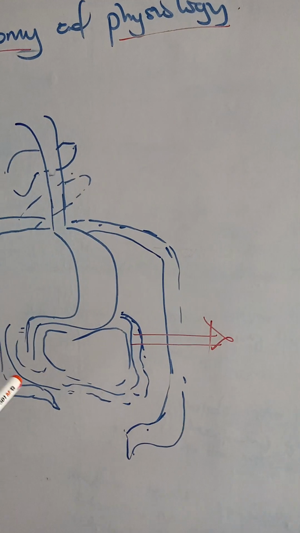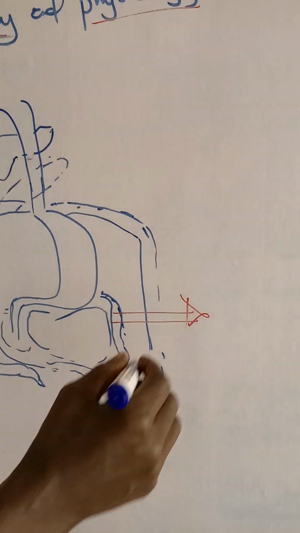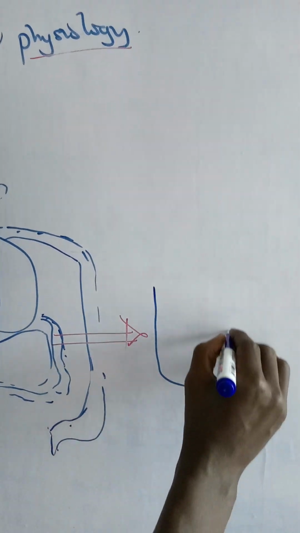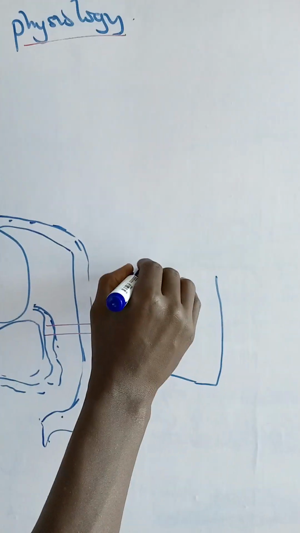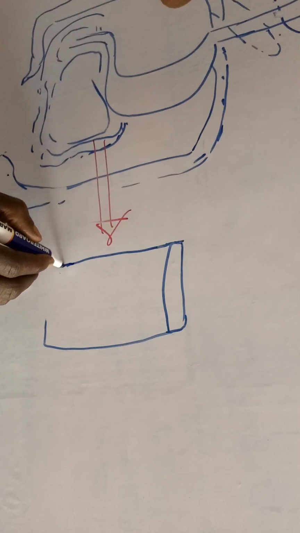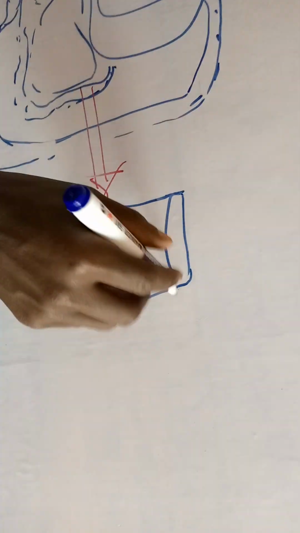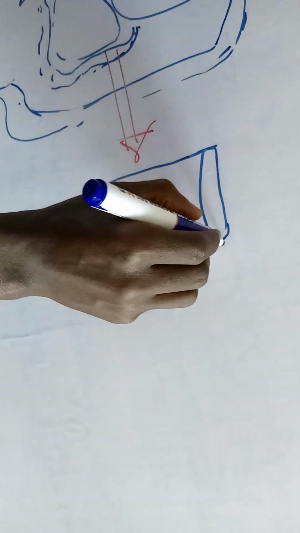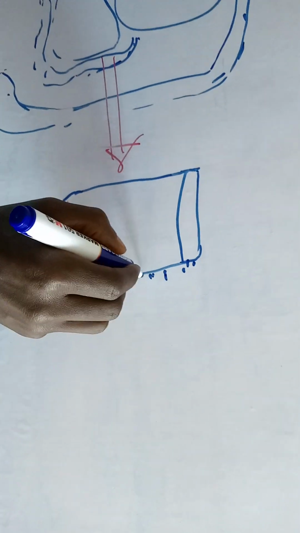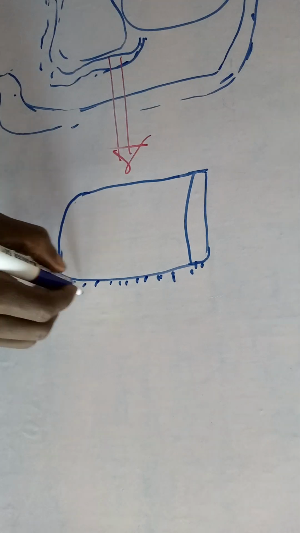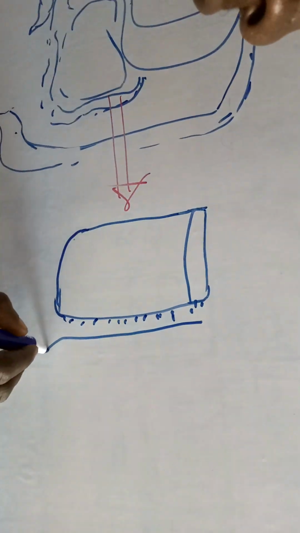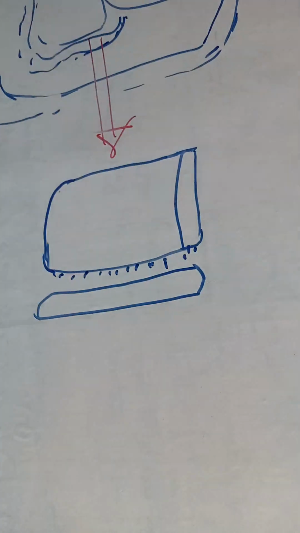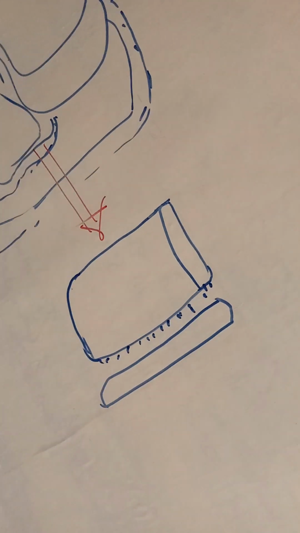So this is the lumen of the small intestine. Then here there is some space, and then attached here we have the blood vessels.